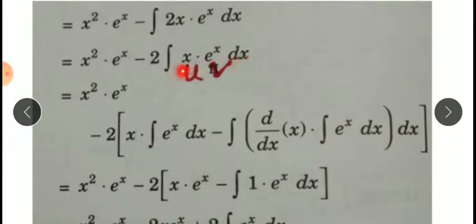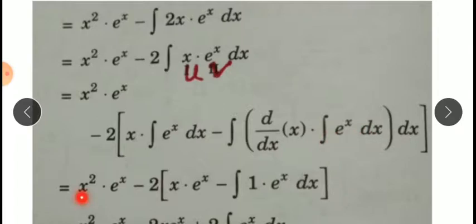Again we have to use integration by parts here. Once again, this is first function, second function, minus whole integration of differentiation of first, integration of second.